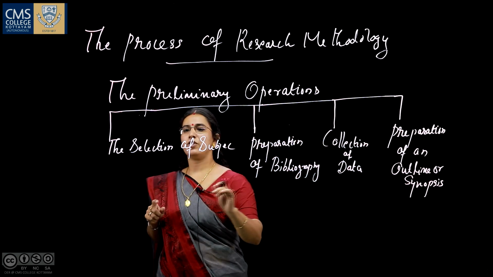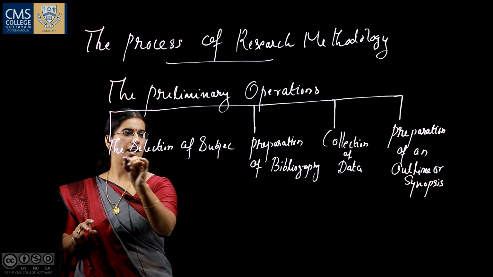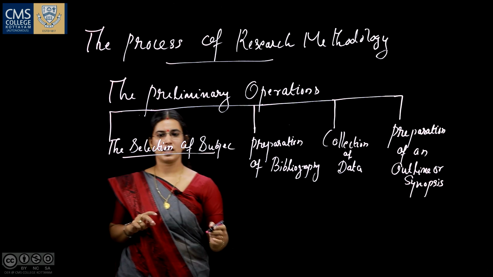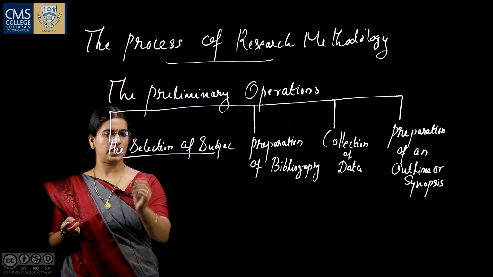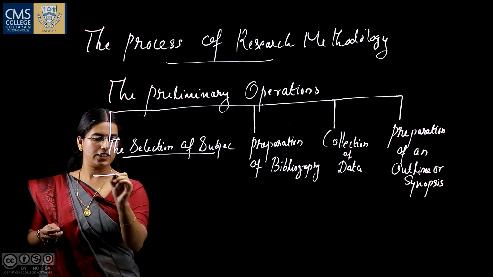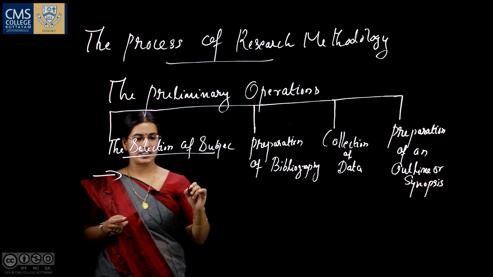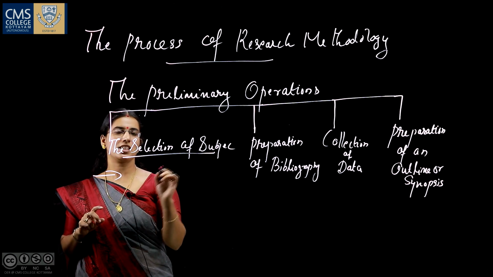Now we are moving to the first process, the selection of subject. In the choice of subject, there are three criteria. The first criterion is suitability to the scholar's taste and aptitude.